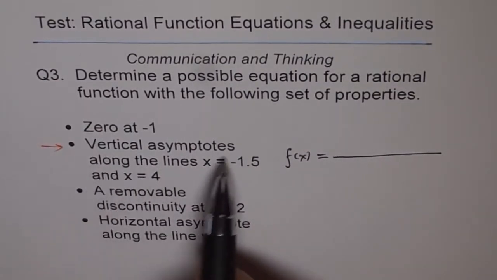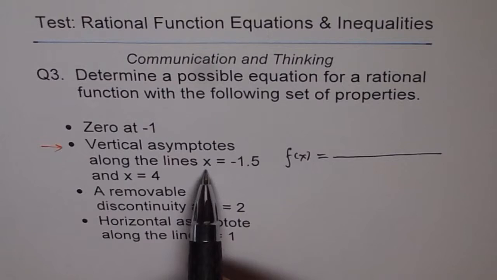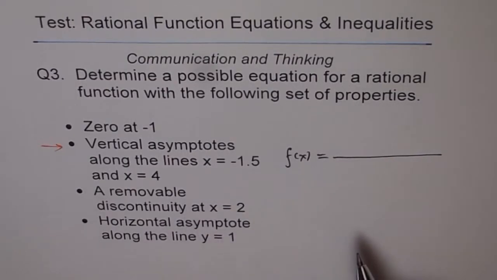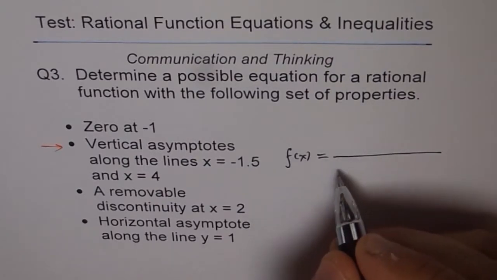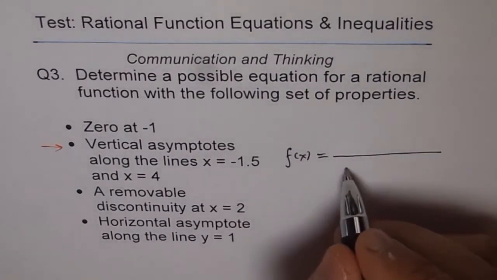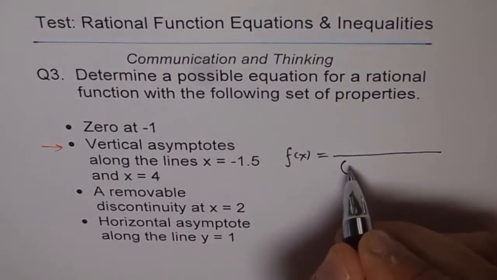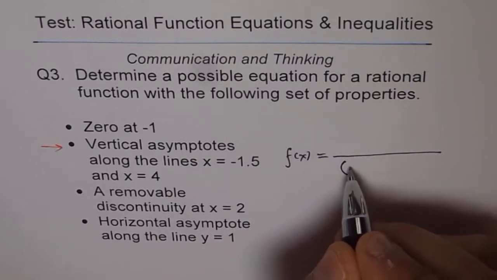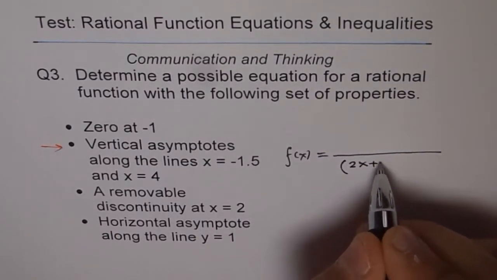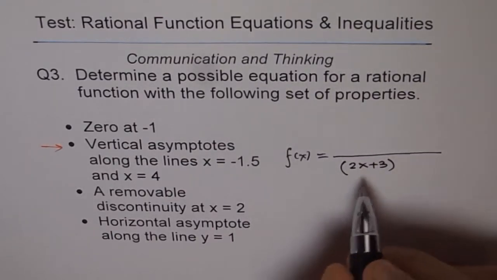It says vertical asymptotes along the line x equals -1.5. So 1.5 is like 3/2. What we can write here is the base denominator factor as 2x plus 3. How do I get this?